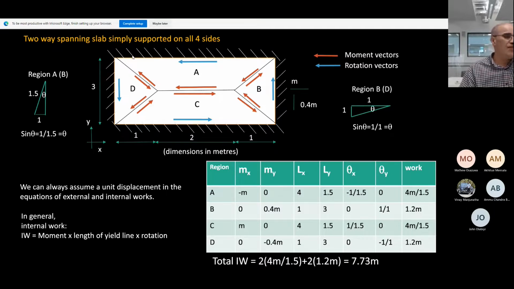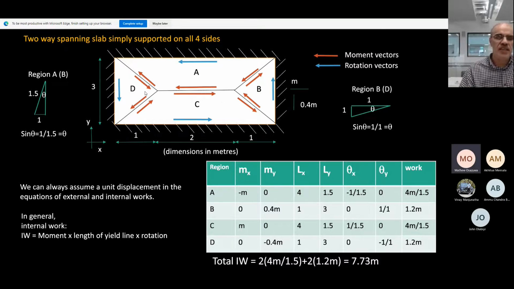The other thing, notice here, very important: can you see that these vectors here for region A, for example, can you see the moment vectors going like a flow in the same direction? In this case, going around in a clockwise manner. And the same here, the moment vectors for region C are going like a flow in a clockwise manner.